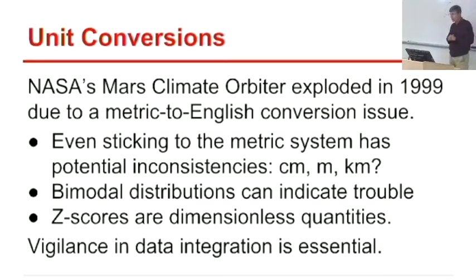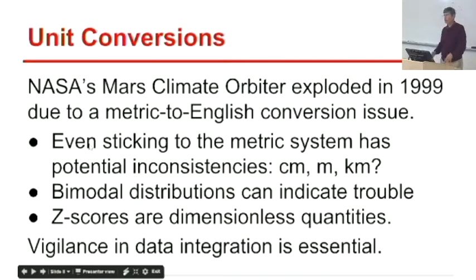Okay. So the first one is one that I think I won't have any hard time convincing you is a problem. If you're collecting data from two sources, and one of the fields is height. Let's say you're building a database on soccer players, and one of the fields on them is height.